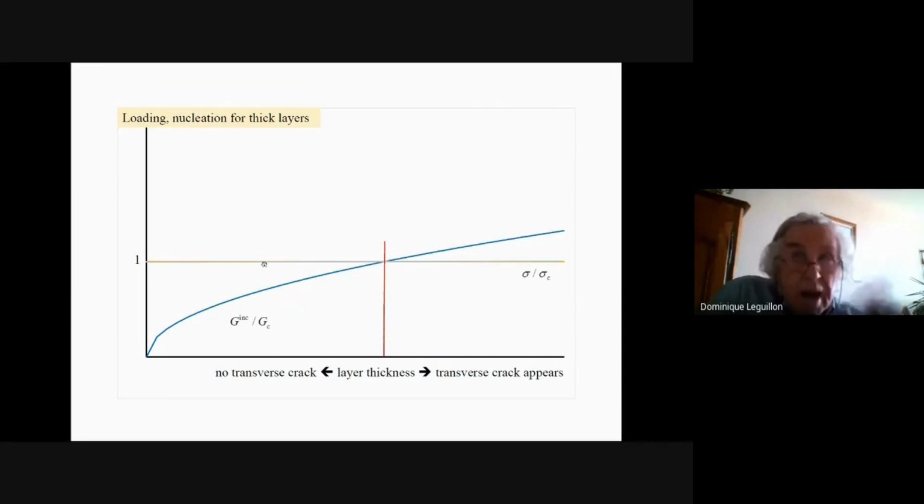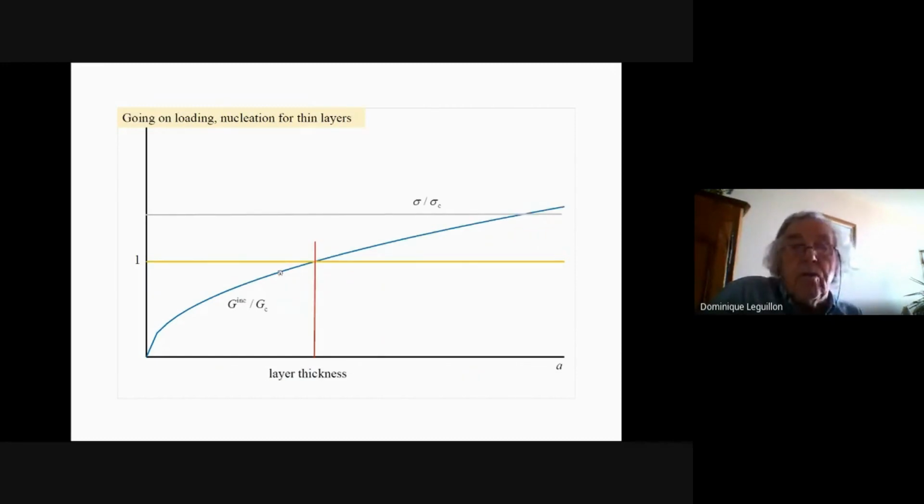We are on the left part of the figure of Parvizi, and if the layer is thinner, we need to increase the load again. But in that case, you observe that the stress condition is far above the simple equality.